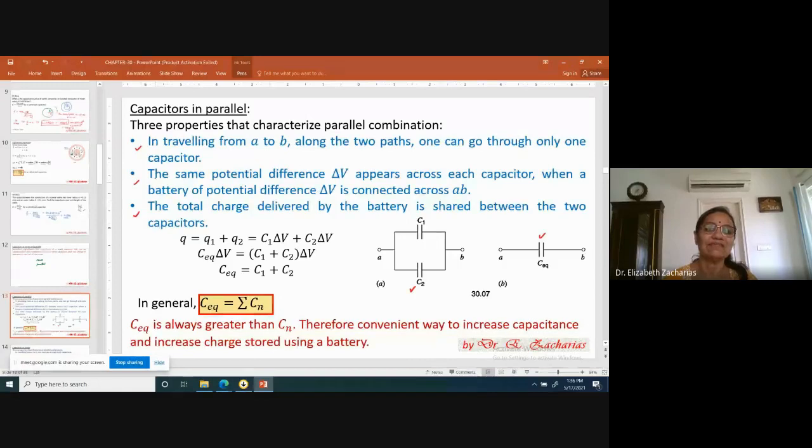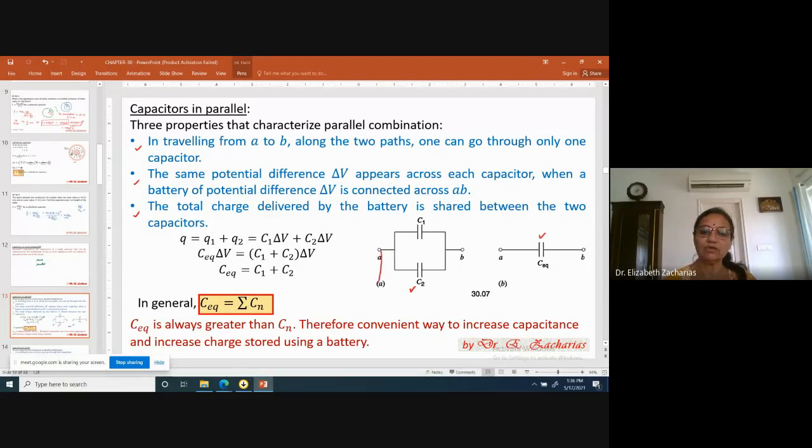The next thing is the same potential difference delta V would appear across each capacitor when a battery of potential difference delta V is connected. I told you the other day, what would be the potential difference that you can create? That would be equal to the potential difference that your battery is able to provide.